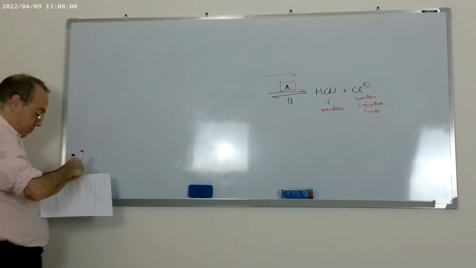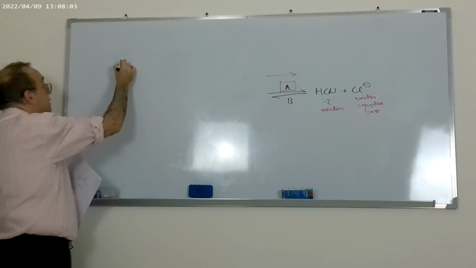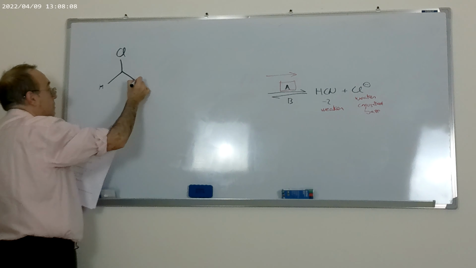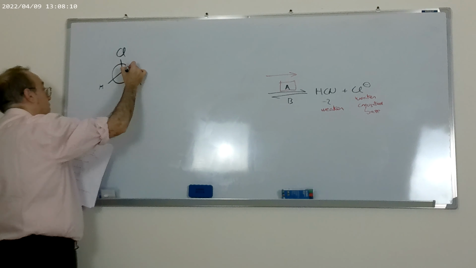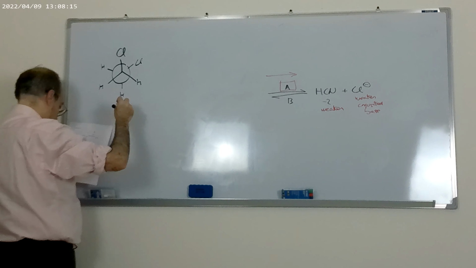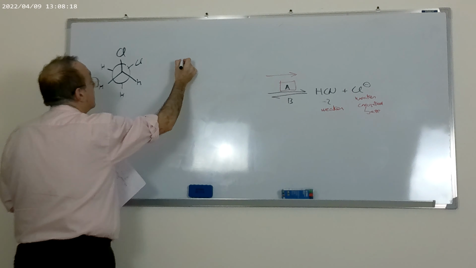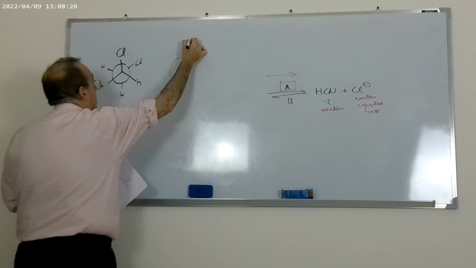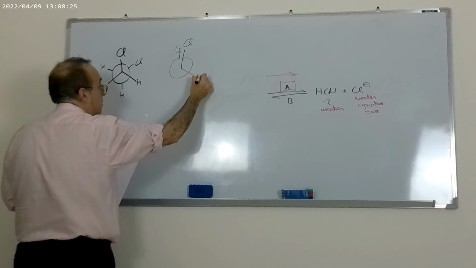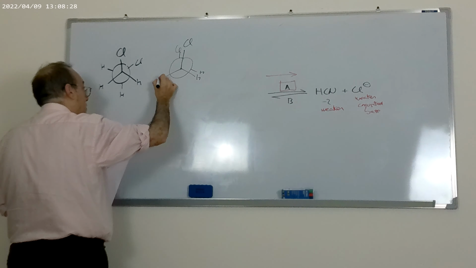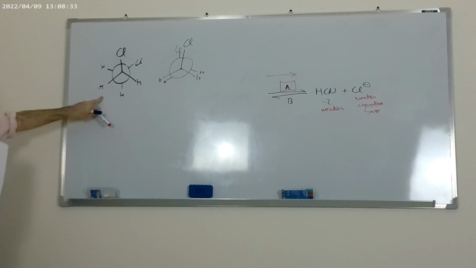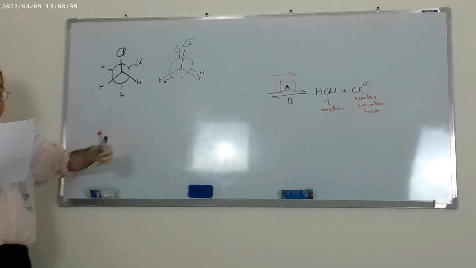Next question, we have these two compounds, these two Newman projections. Okay, this is a staggered Newman projection, this is an eclipsed Newman projection.